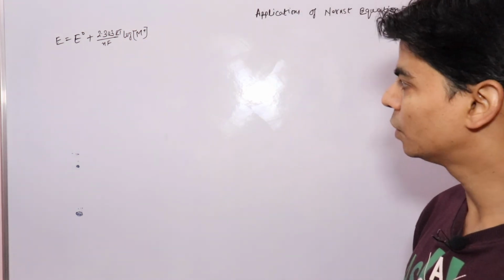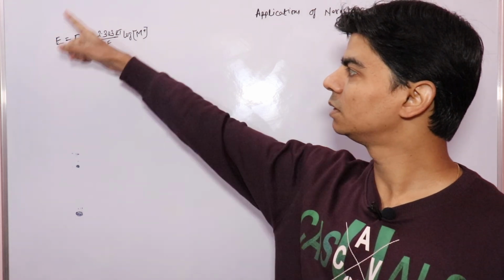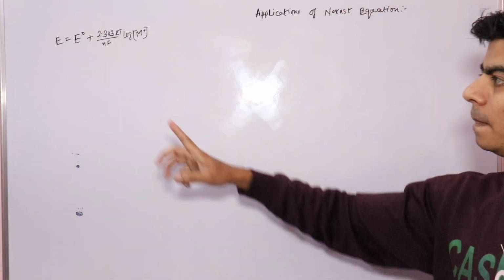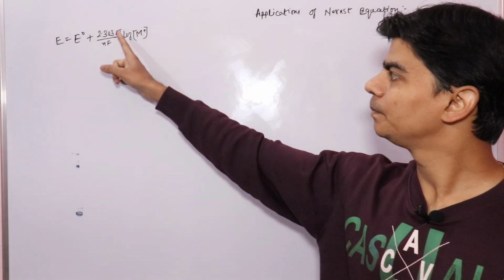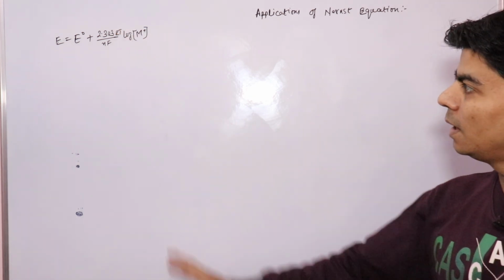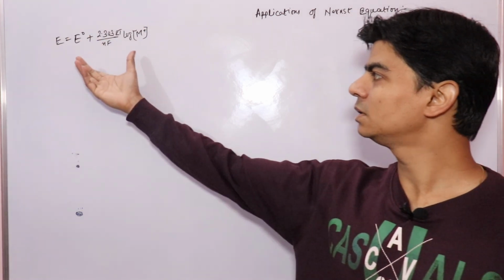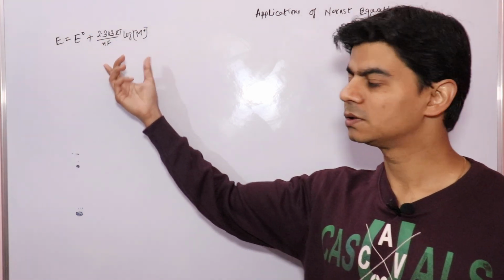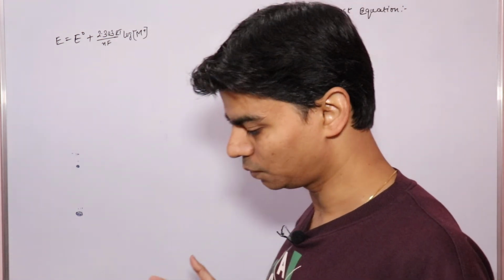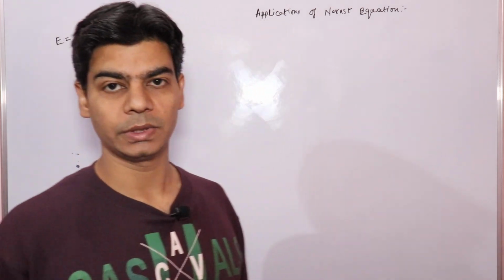This Nernst equation is a quantitative relationship of the factors on which electrode potential depends. Then in the second video lecture, we derived this Nernst equation. Now we'll see where we can use it.